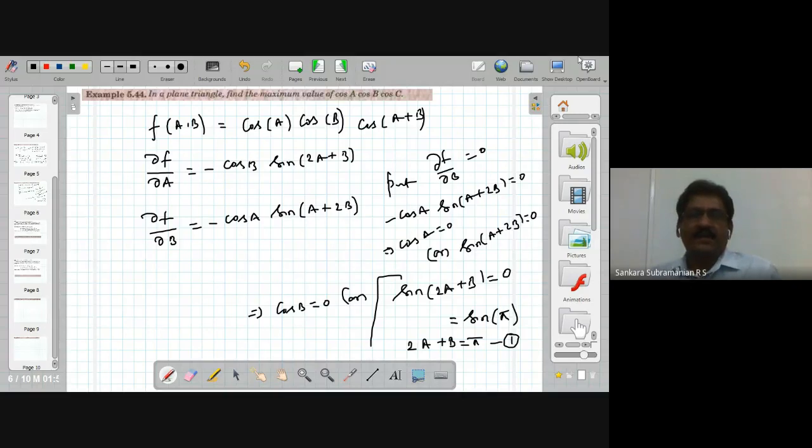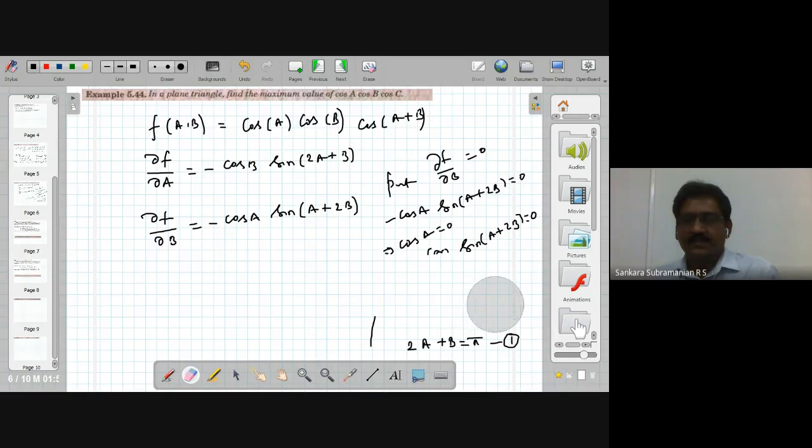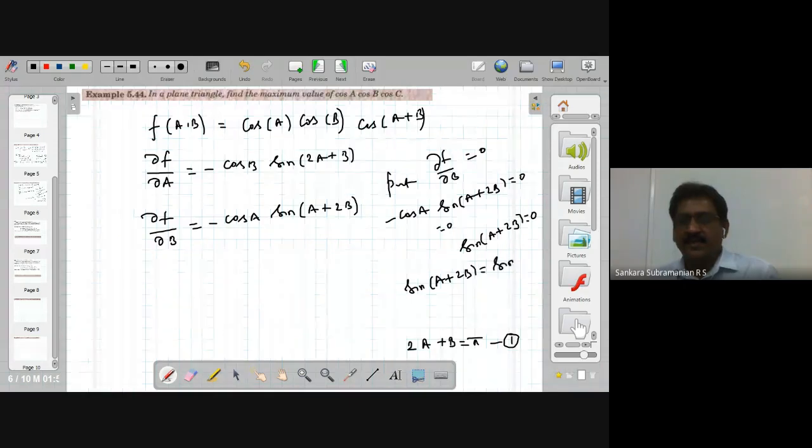Now I can say that 0 can be replaced with sin pi. So this is sin of a plus 2b equal to 0, where 0 is sin pi.